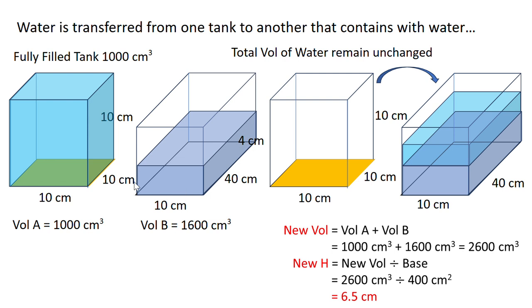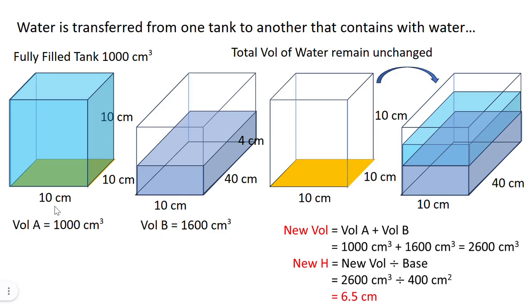They ask, if I pour container A and empty it into container B, what is the new height and what is the volume of water in container B? So container B already has some water, you empty everything from container A into it, and of course you add on. They want you to find the new volume and the new height in container B.